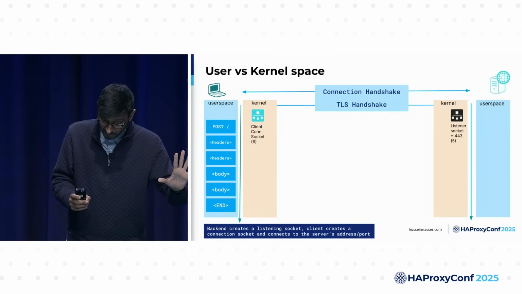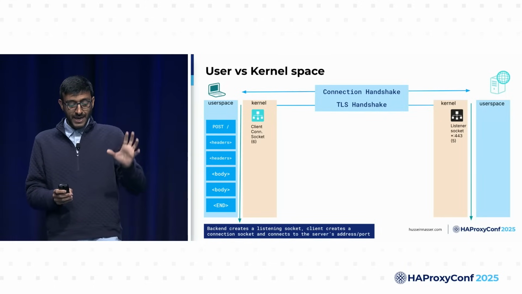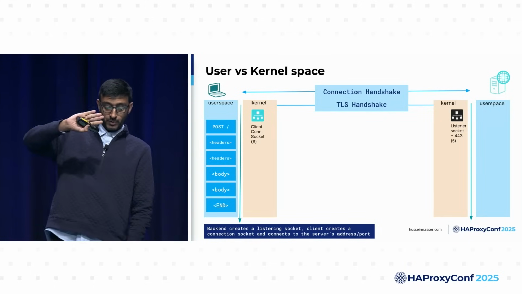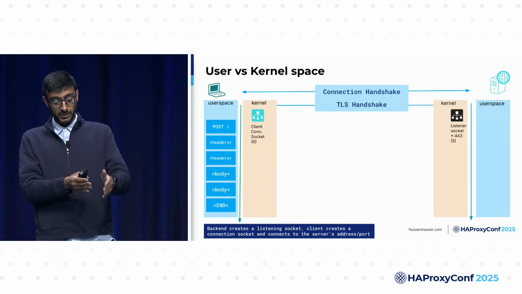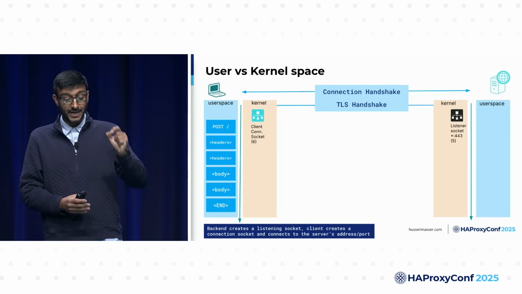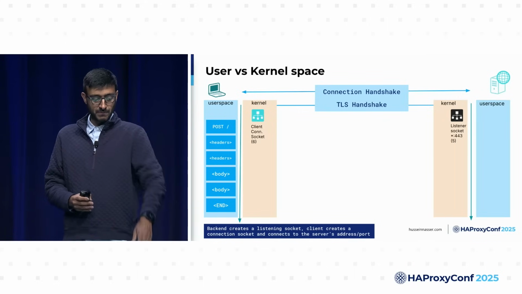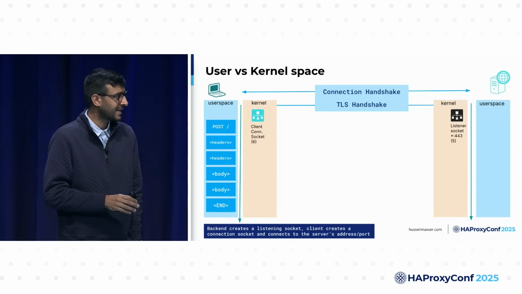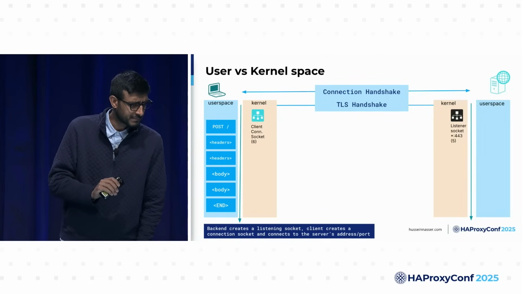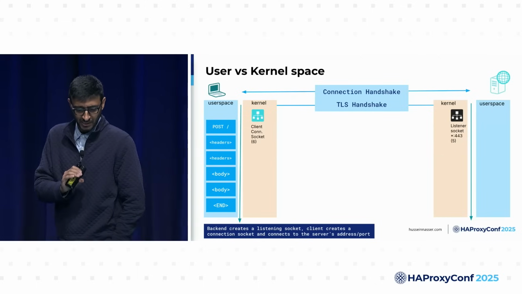So what kind of chatter is going on here? The first thing, on the left-hand side, I'm going to create a connection. So we get this client connection socket, and we get a number assigned to it, a file descriptor. Let's say it's 6.